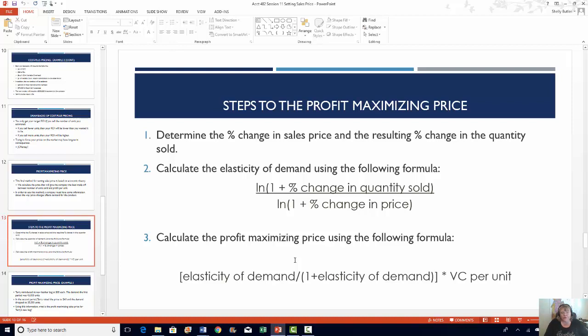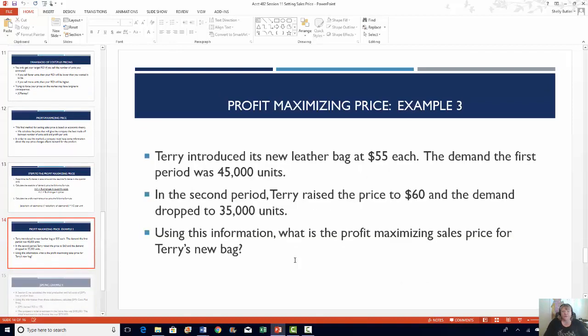And then once you get that number, you will calculate the profit maximizing price using the following formula: the elasticity of demand divided by 1 plus the elasticity of demand, multiplied by the variable cost per unit. And that sounds like it's really hard, but it's not too bad.